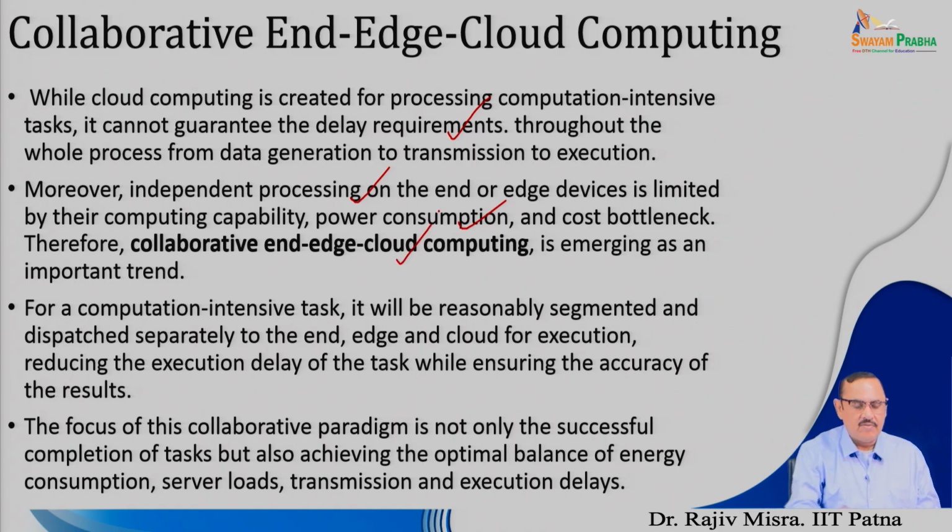Therefore, collaborative and edge cloud computing is emerging as an important trend for computation-intensive tasks. The task is reasonably segmented and dispatched separately to the end, edge and cloud for execution, reducing the execution delay of the task while ensuring the accuracy of the results.